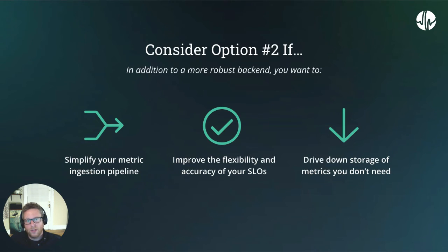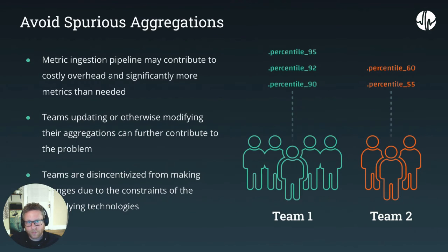And the other trick here is that you can empower downstream users to start leveraging histograms through which to enable modern SRE practices like SLOs, error budgeting, things like that. And then also you can more efficiently manage the storage of metrics that you may not need. And on this latter topic, let's circle back to that earlier concept of spurious aggregations that I mentioned.